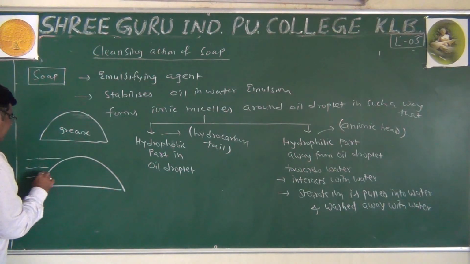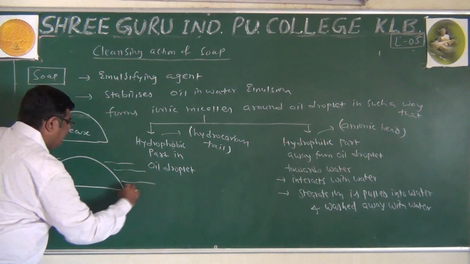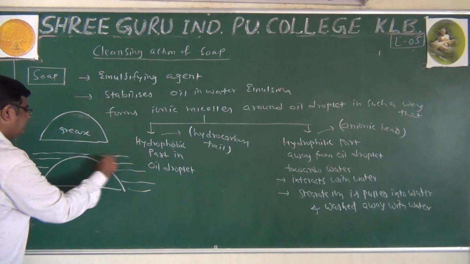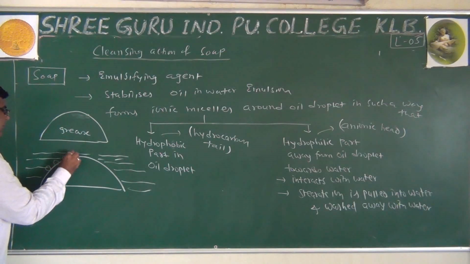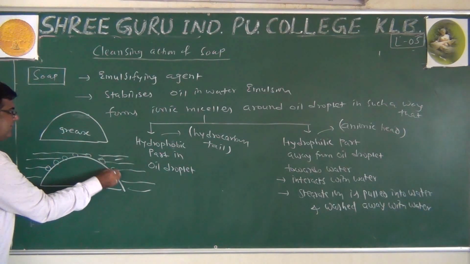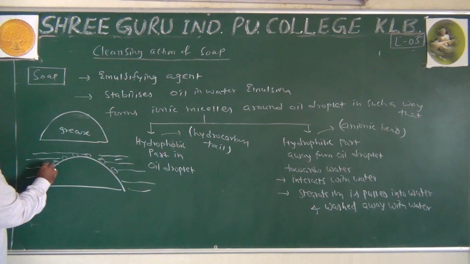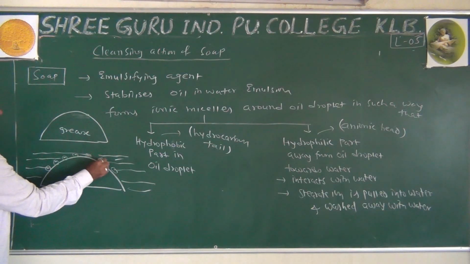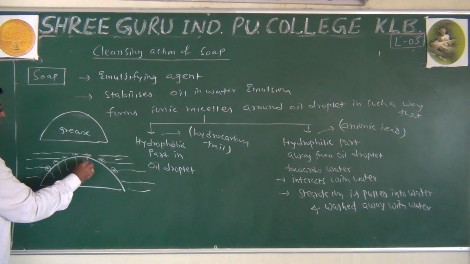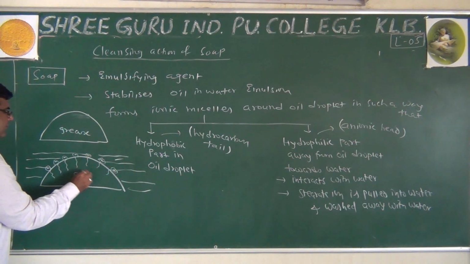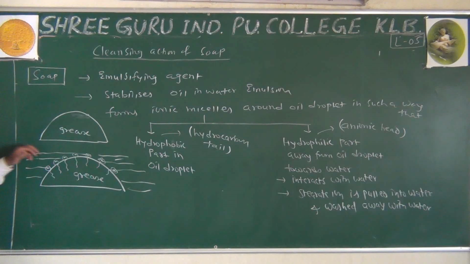This is what we put into water for washing, and these are individual negative ions first. They are inside this grease because it is non-polar.